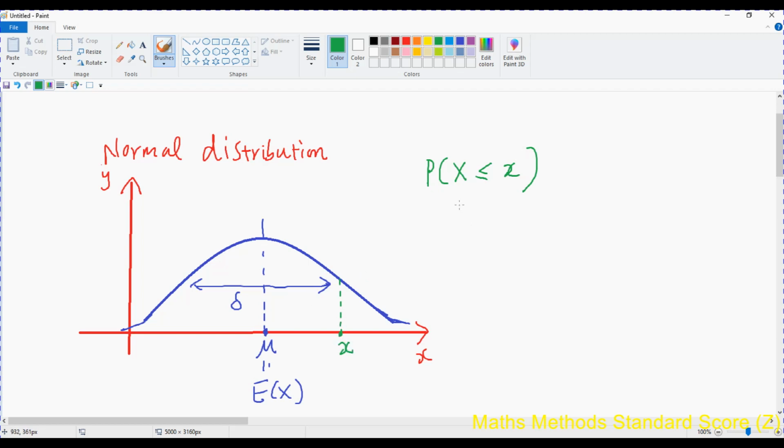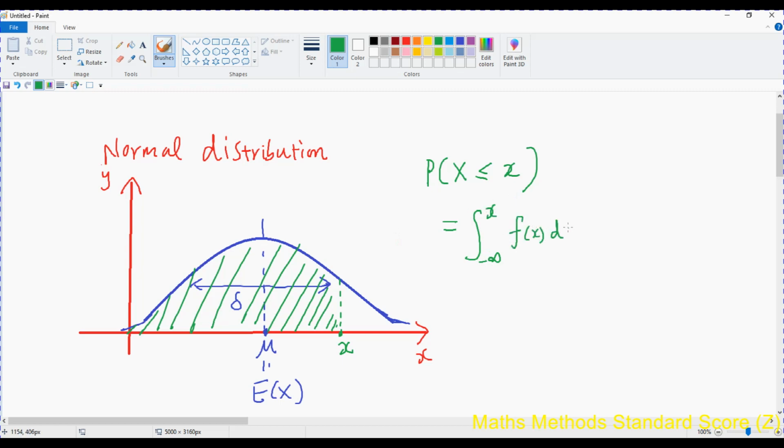What does it mean? That means you need to find the area on the left hand side of that x. So what you're going to do here is an integration from negative infinity to x of the probability density function of this one, right?